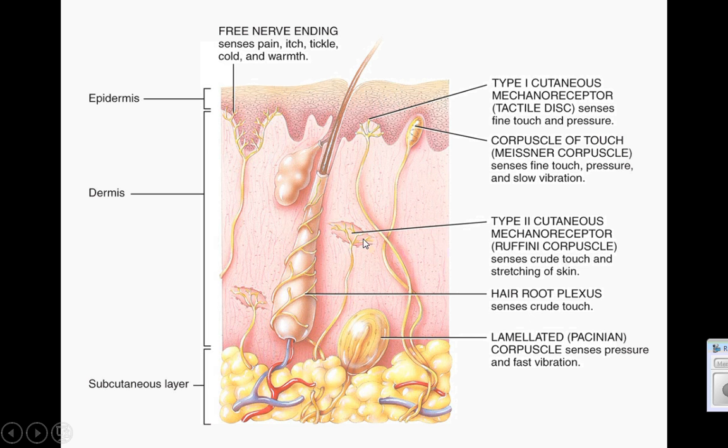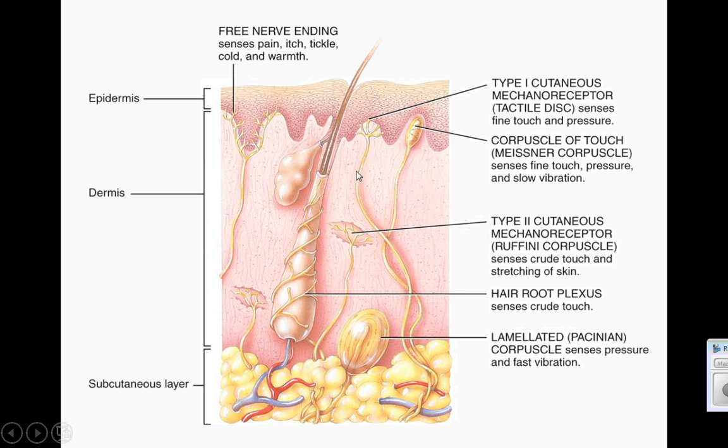And here's the Ruffini's, or type 2 cutaneous, lamellated or Pacinian corpuscles, and then those tactile discs or Merkel discs located right there where the epidermis ends and the dermis begins. You can see various things that they all sense. I'm not really worried about that, but those are all the various tactile sensations.